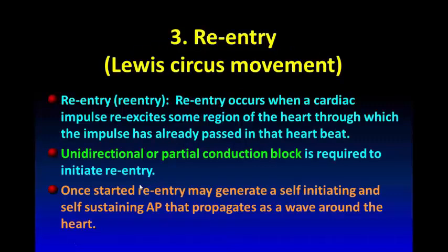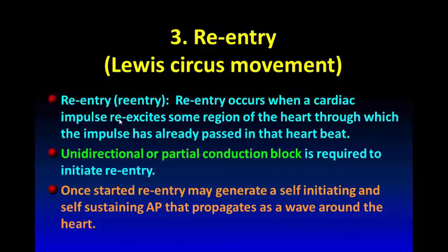Re-entry or reentrant circuits, which are also known as Lewis circus movements, occur when a cardiac impulse re-excites some region of the heart through which the impulse has already passed in that particular heartbeat.